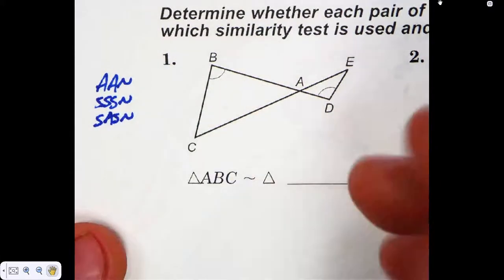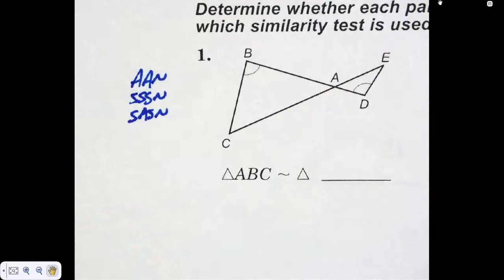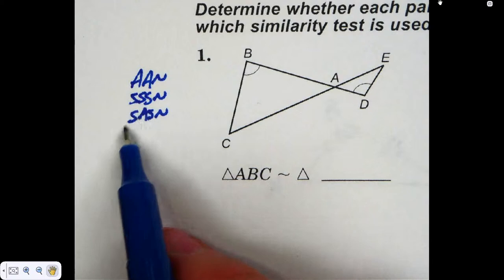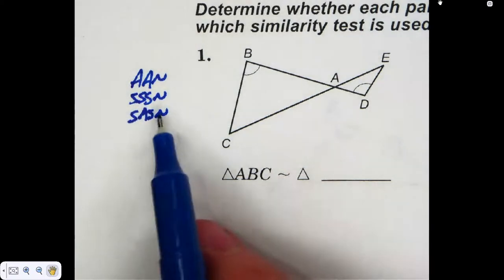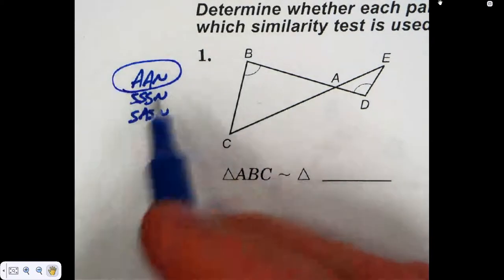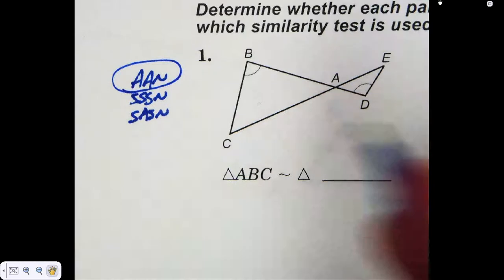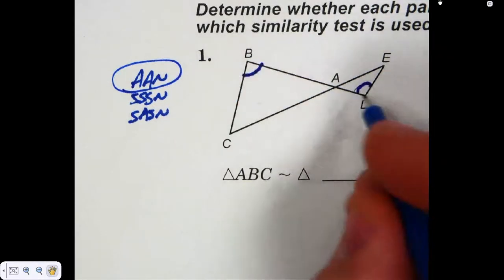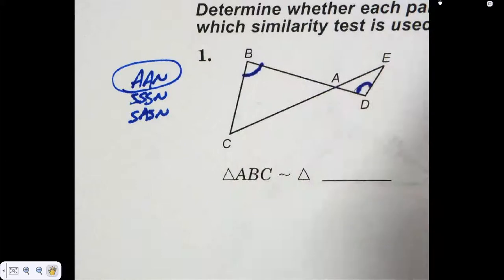I don't know anything about the lengths of the sides of these two triangles here. So obviously, I'm going to have problems justifying that the ratio of the corresponding sides are all the same. So really, my only shot here is angle-angle. The only problem is what's given to me, they only tell me one set of corresponding angles are congruent. So I don't have enough information.